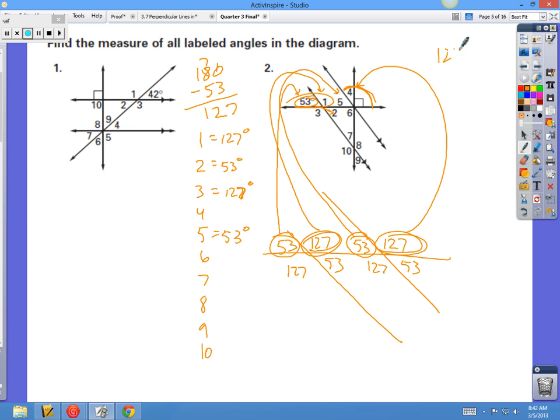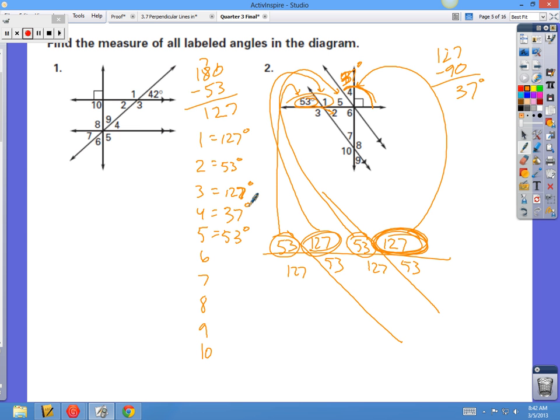So I'm going to take my 127 and subtract the 90 degrees, and I'm going to get 37. So this little sliver, angle number 4, must be 37 degrees, because 37 added to my 90 is 127, and I know that whole thing has to be 127. So angle number 4 is going to equal 37 degrees.